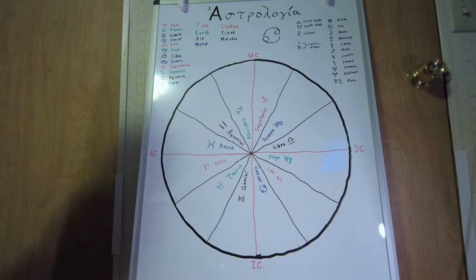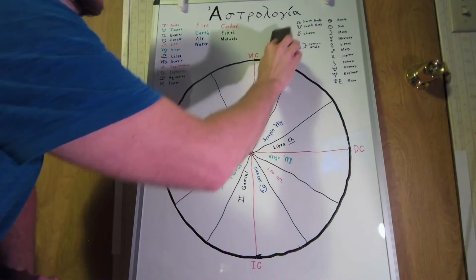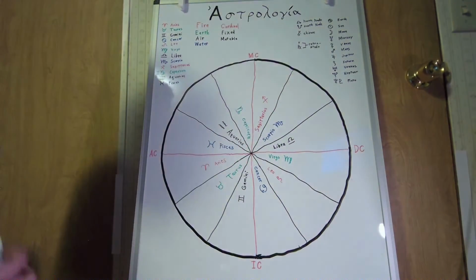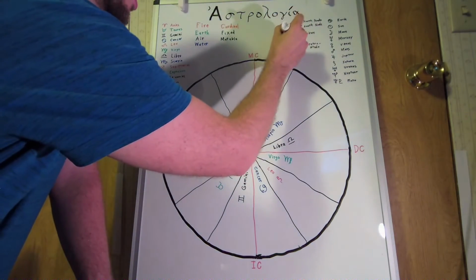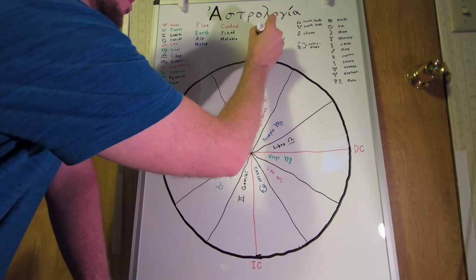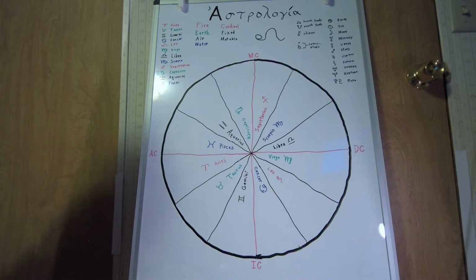So emotional and intuitive, and it has initiative and it's enthusiastic. Next, we have Leo, the lion. Leo is fixed fire. It is enthusiastic and spontaneous, and it's resistant to change.